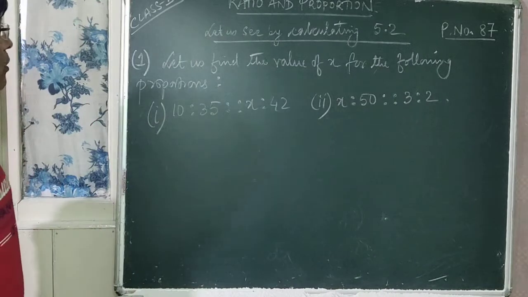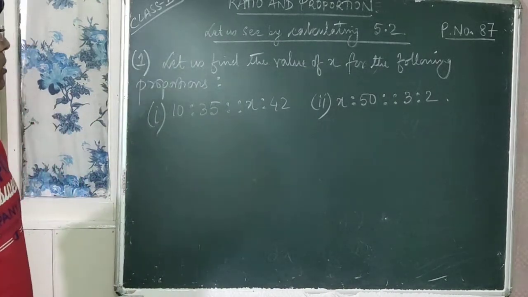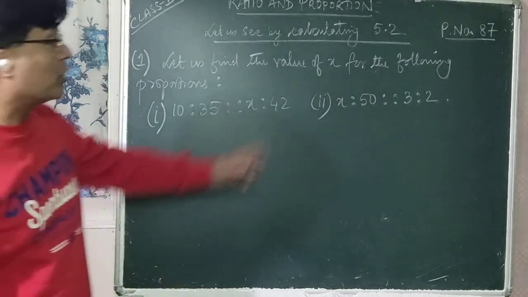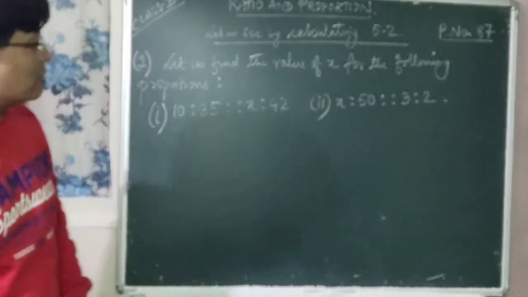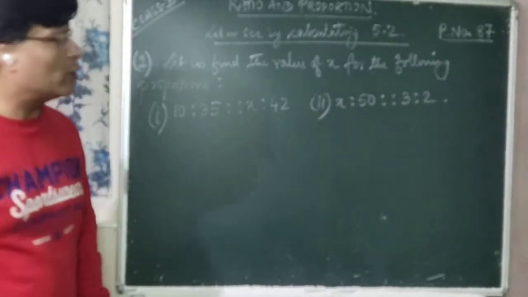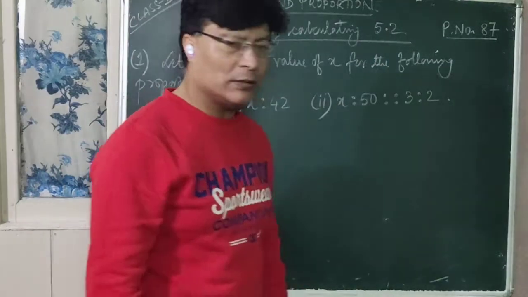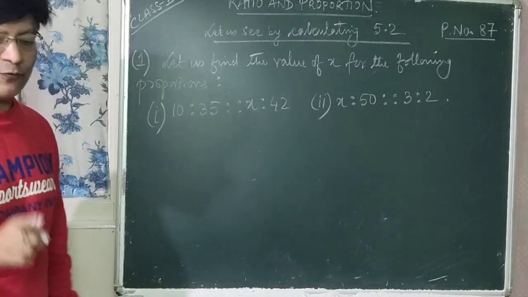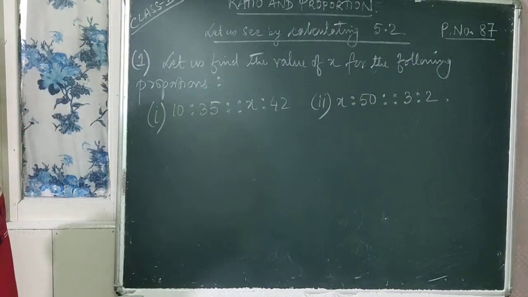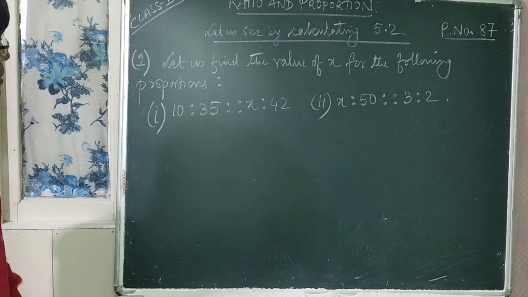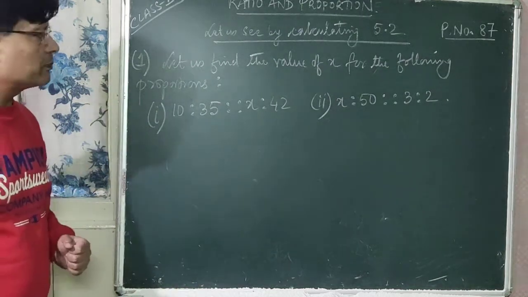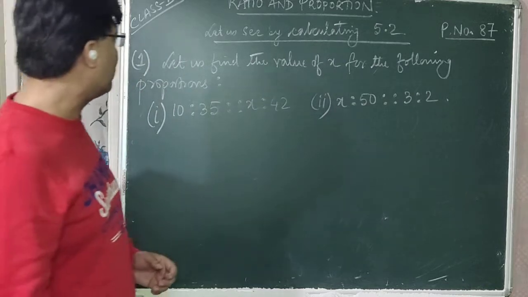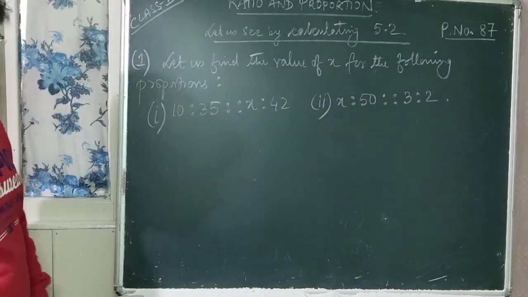So exercise 5.2, page number 87 from the book Ganit Prakash for class 10. So let's do question number 1. Let us find out the value of x for the following proportions, right?